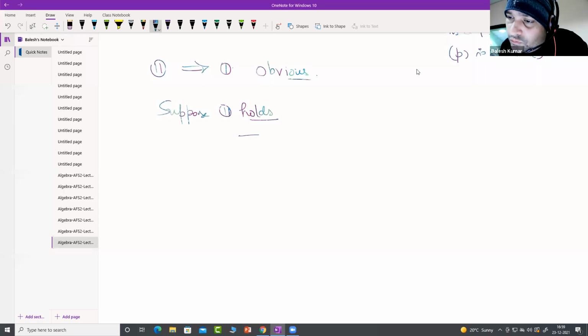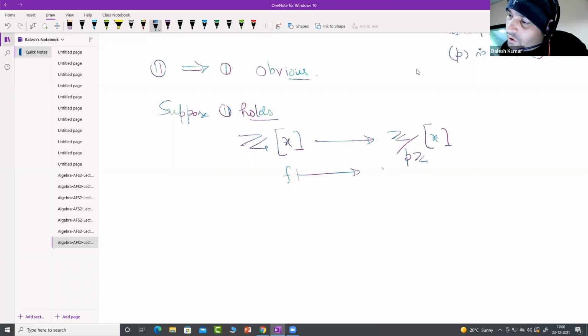In order to do so, we have this substitution homomorphism from Z[x] to (Z/pZ)[x], where f goes to f bar, the reduction mod p ring homomorphism. And we know that this map is surjective, so let's call it the psi map.